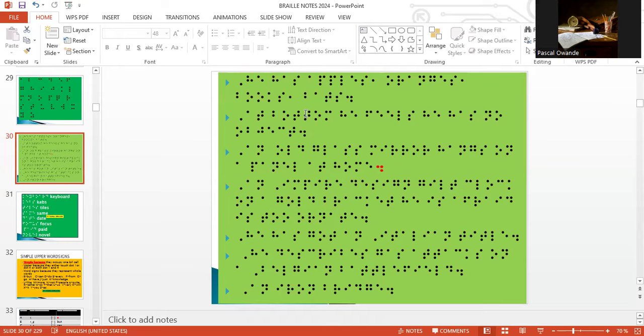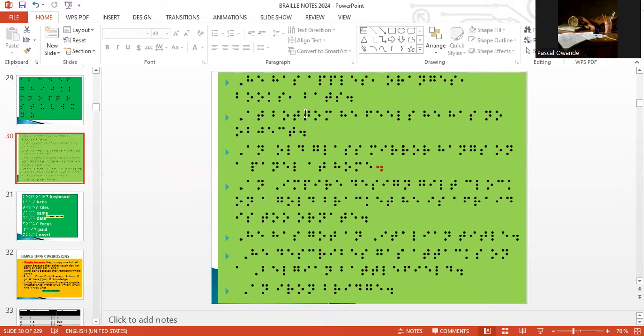Now, in English Braille, whenever you see dot 6 appearing at the beginning of a word, that dot 6 indicates that the first letter in that word is capitalized.